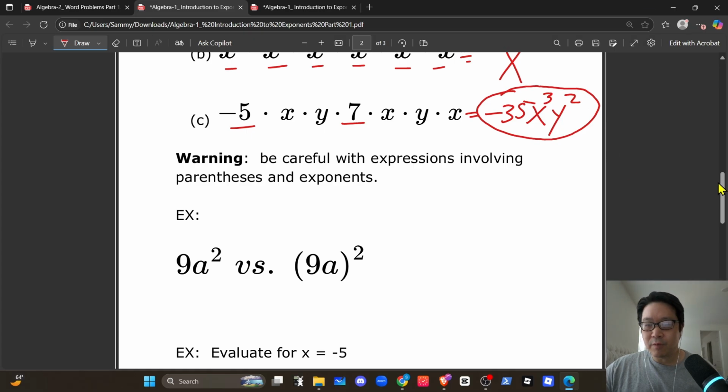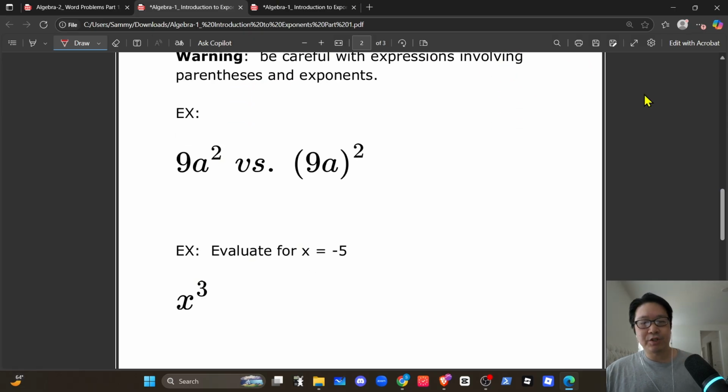Now, one thing you need to be careful with is expressions that involve parentheses with exponents. Something like 9a squared is not equal to (9a) squared. The first one is only squaring the a. In other words, the exponent is only applied to the a, whatever a is.